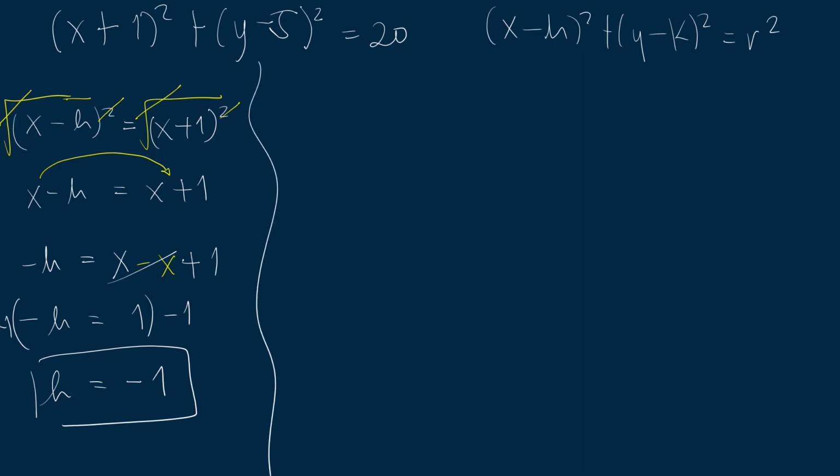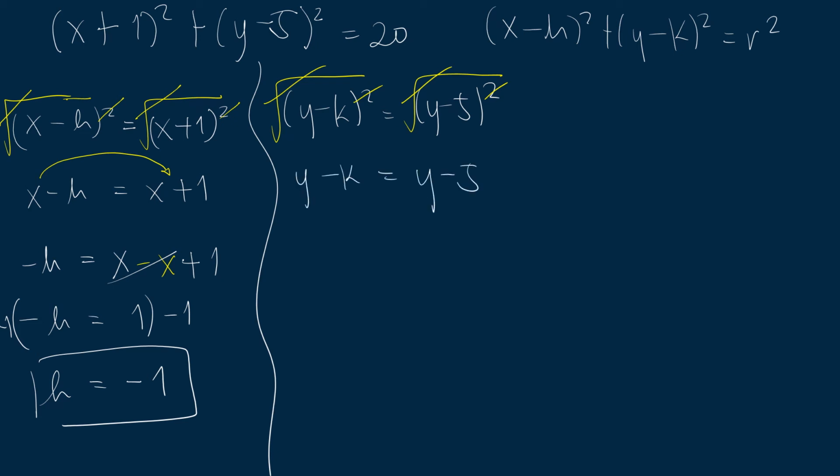Continuing the process, (y − k)² = (y − 5)². Get the square root of both sides. Cancel out the radical symbol and the exponent. We have y − k = y − 5. Transpose y to the right side.